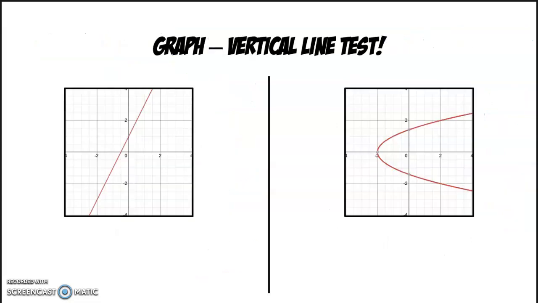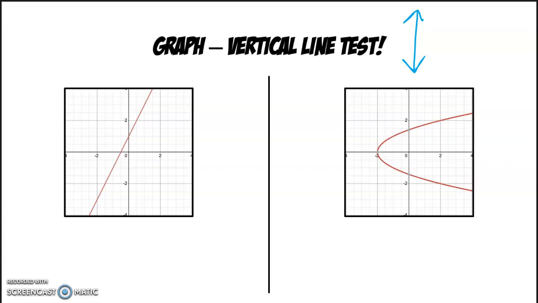All right, and the last way we're going to see if this is a function or not is on graphs. And to do that, we're going to use something called the vertical line test. What the vertical line test is, we want to be able to draw a vertical line, vertical meaning going up and down, anywhere on our graph, and only touch the graph once. So let's start on the left side.